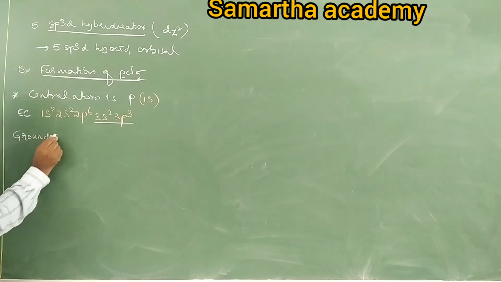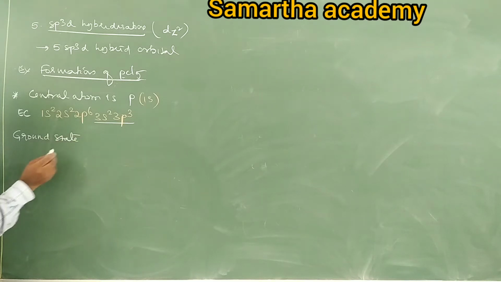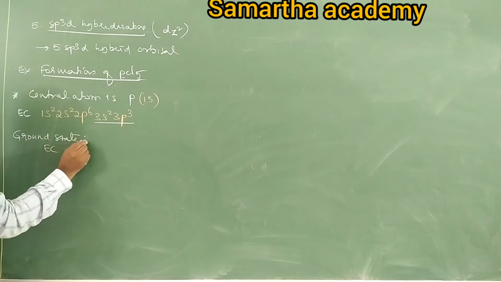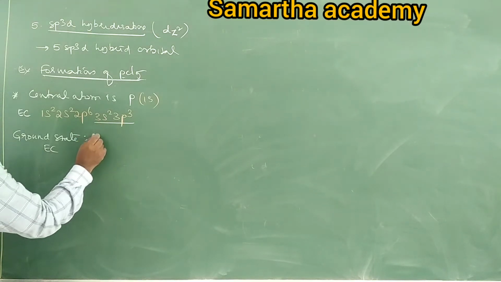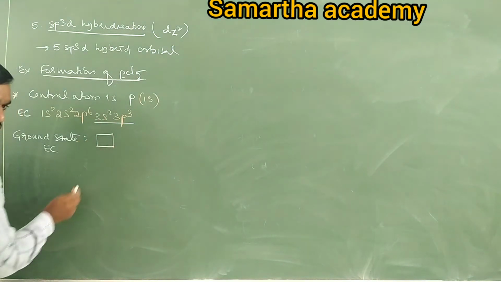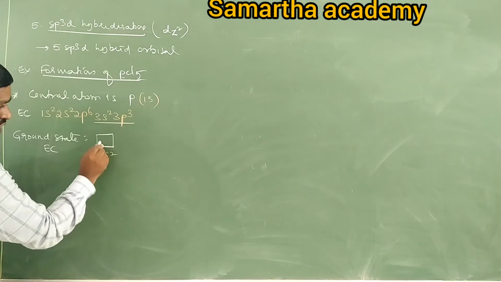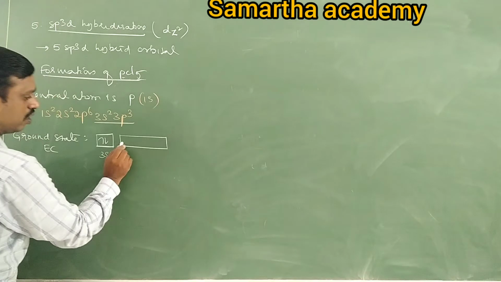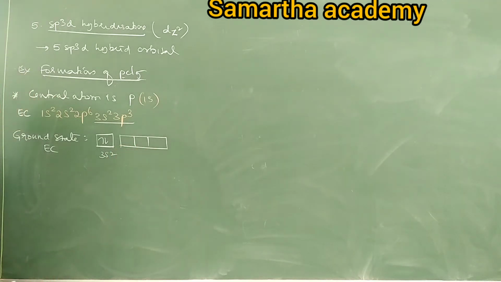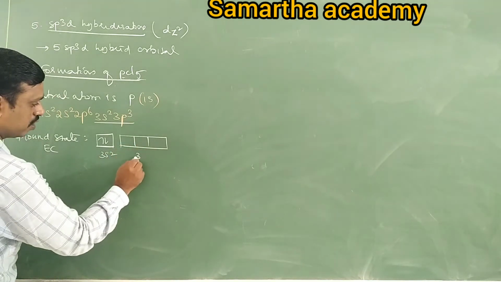Now write the ground state electronic configuration. In the ground state configuration we write only the valence shell, as an orbital diagram. 3s2, the s orbital is 1 box. 3p3, how many boxes in p orbital? 3 boxes: px, py, pz.